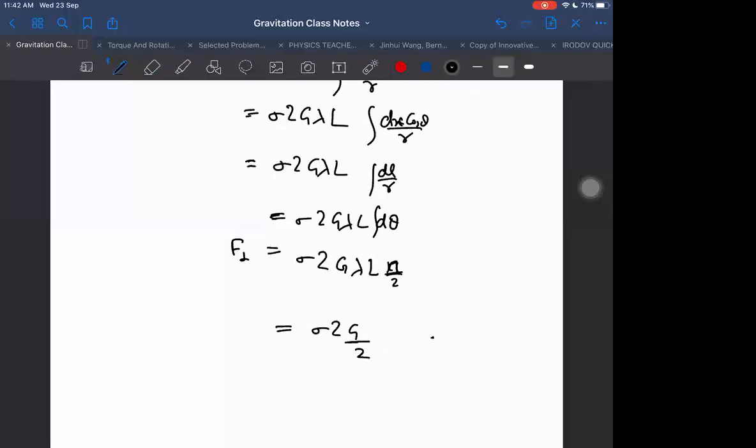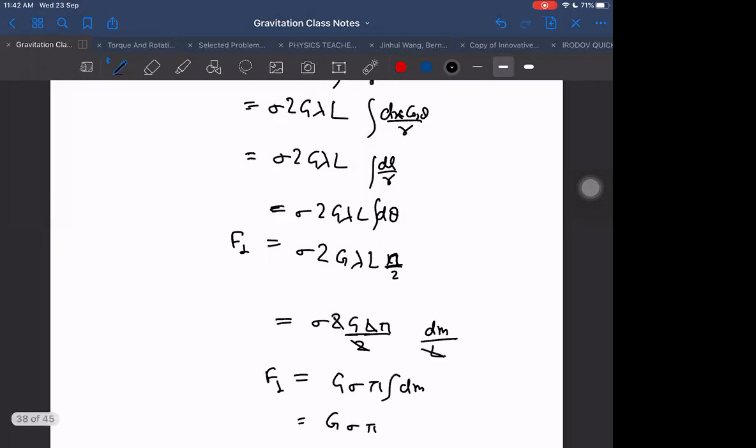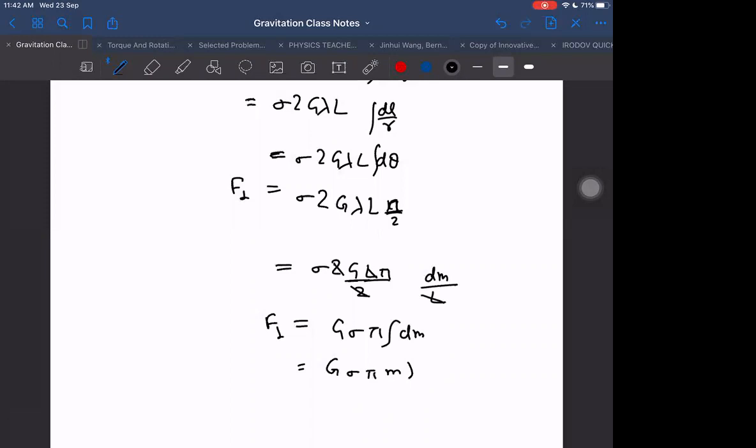Lambda is dm by L, so L cancelled, 2 cancelled. G sigma pi into the integral of dm, that is F perpendicular. What is it coming out to be? G sigma pi into m, where m is the mass of this curved part. Sigma is again the same as before: M upon pi R L, into pi into m.